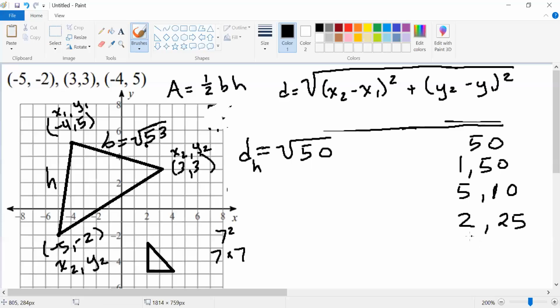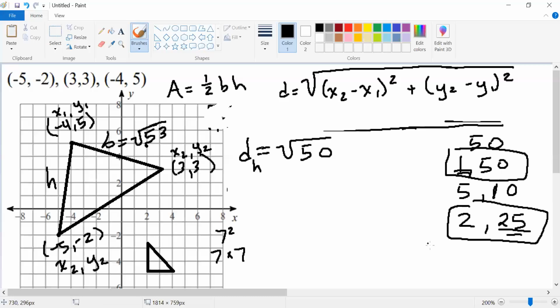right? So between these, this one has the biggest perfect square, which is 25, and this one has the biggest perfect square, which is 1. That's because they're perfect squares, they have two of the same factors. So 5 times 5 gives you 25, 1 times 1 gives you 1.